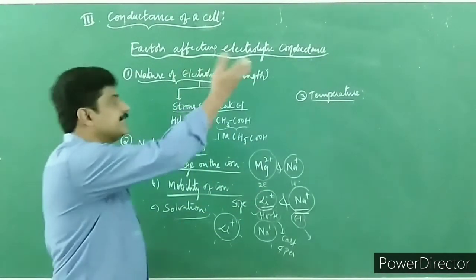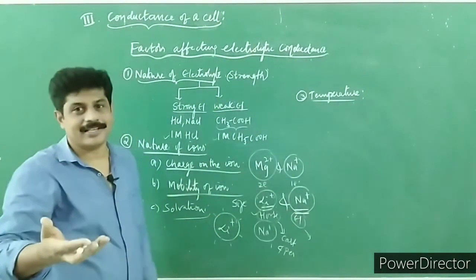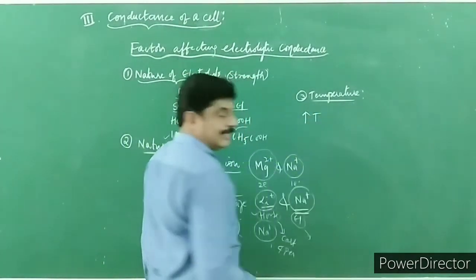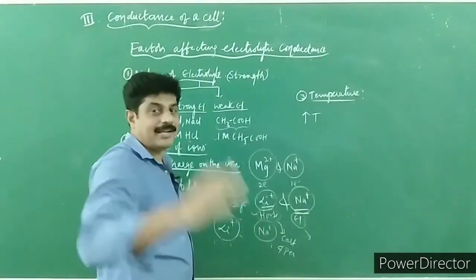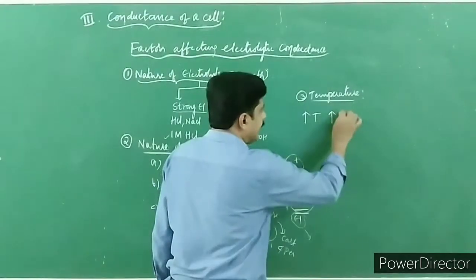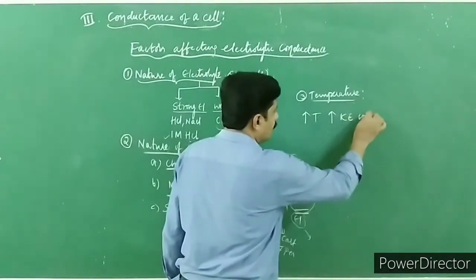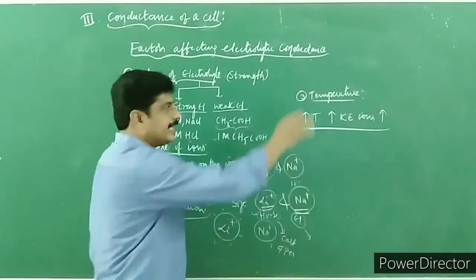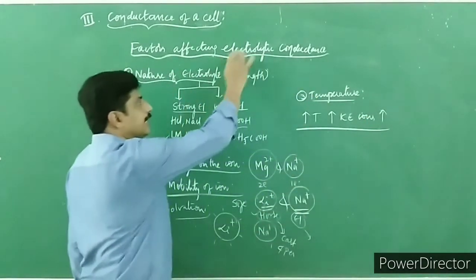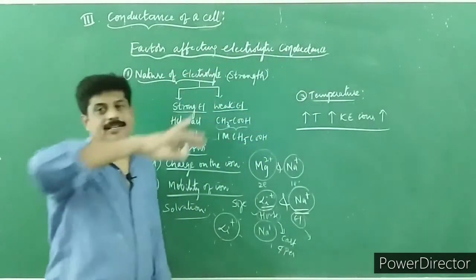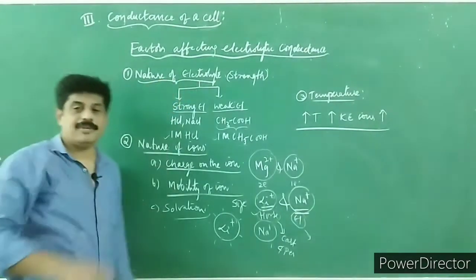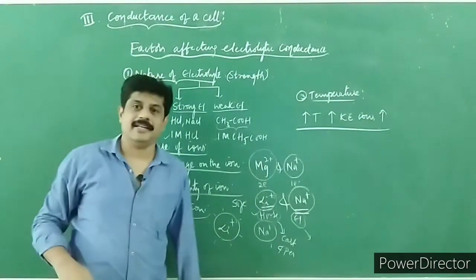In turn, the conductance of that electrolyte also increases. Not only that, with an increase in temperature, the mobility of the ion increases. Tell me why? Because the kinetic energy of the ions also increases. That is why with an increase in temperature, the electrolytic conductance of a particular electrolyte also increases. So these are the 3 important factors which affect the electrolytic conductance.